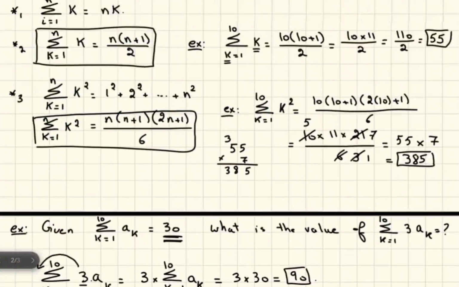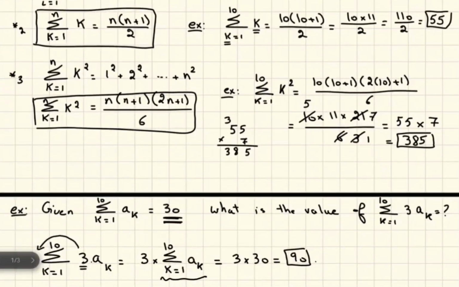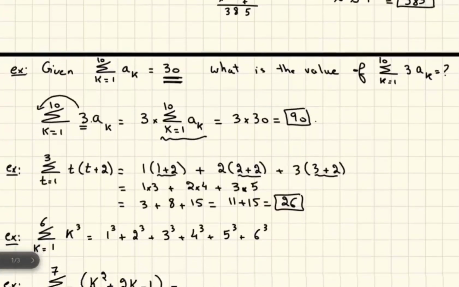Now I go back and check the two rules here. So sigma from k equals 1 to n of k, I need to remember it's n multiplied by n plus 1 over 2. The other rule, sigma from k equals 1 to n of k squared, is equal to n into n plus 1 into 2n plus 1 over 6.